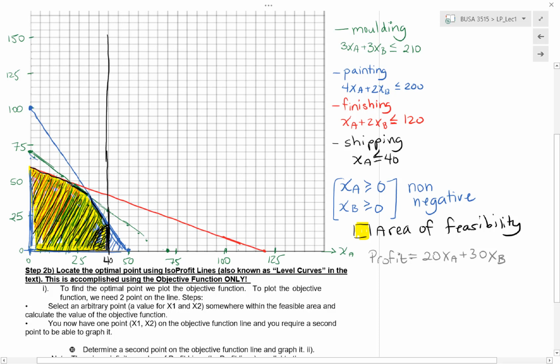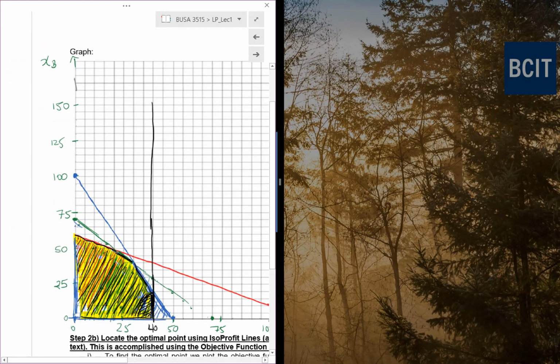Okay, and now we're going to play with different values for our profit and graph those lines. So really what we have right now essentially are three variables: the profit, xa, and xb. We could not graph this on this two-dimensional graph.